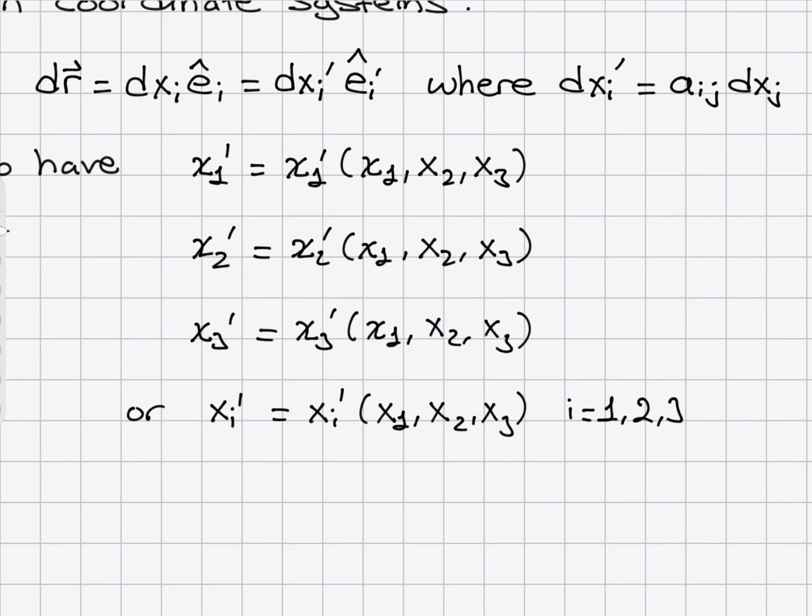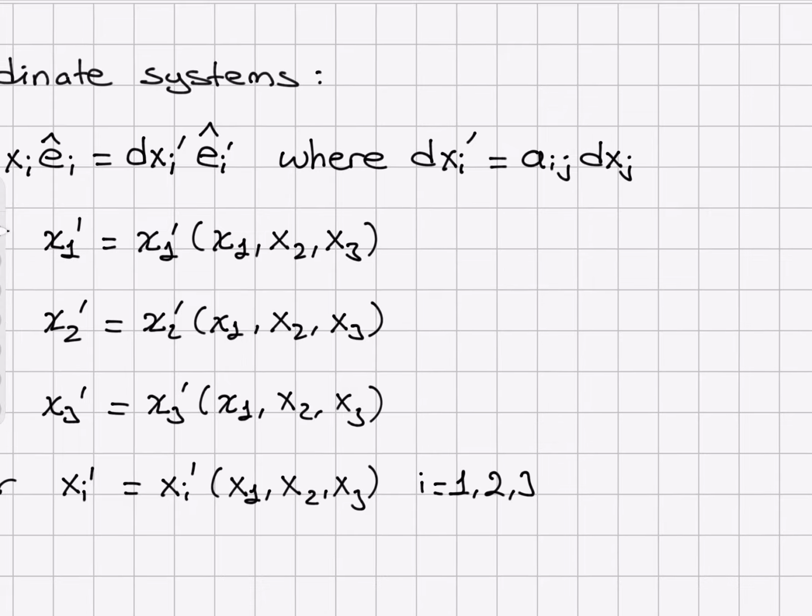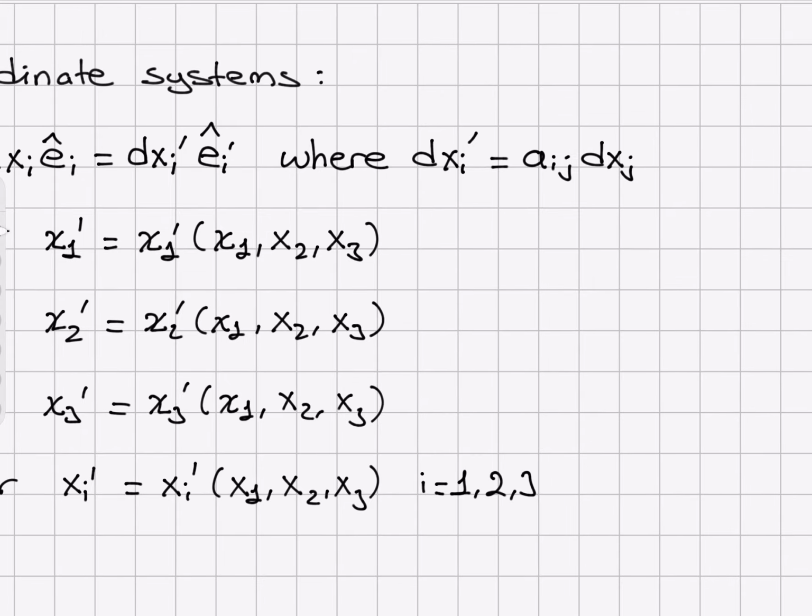For example, if I were doing a transformation between spherical coordinates and Cartesian coordinates, another orthonormal curvilinear coordinate system, r is related to x, y, and z as the square root of x squared plus y squared plus z squared.